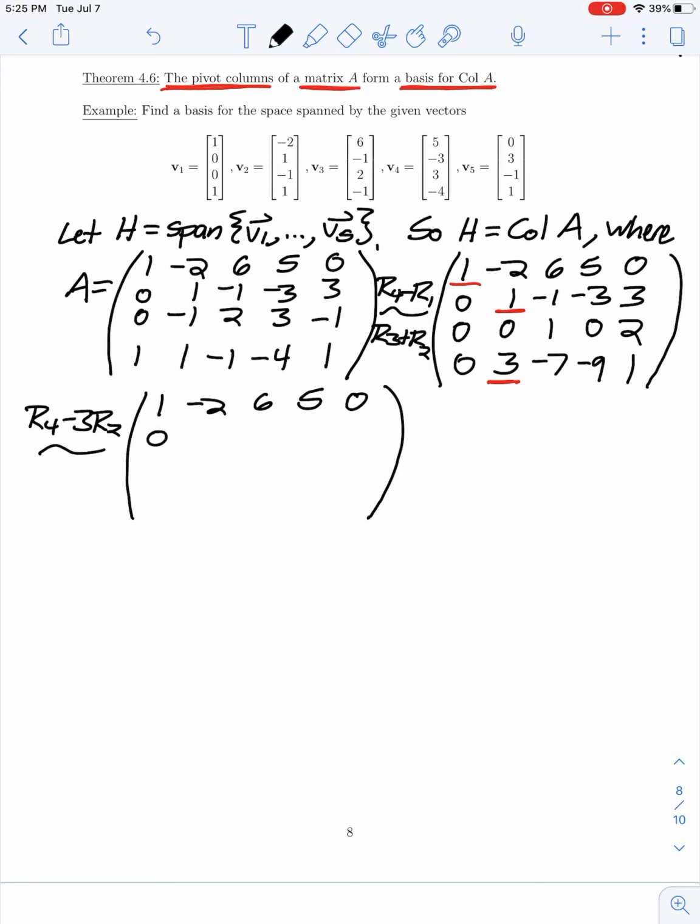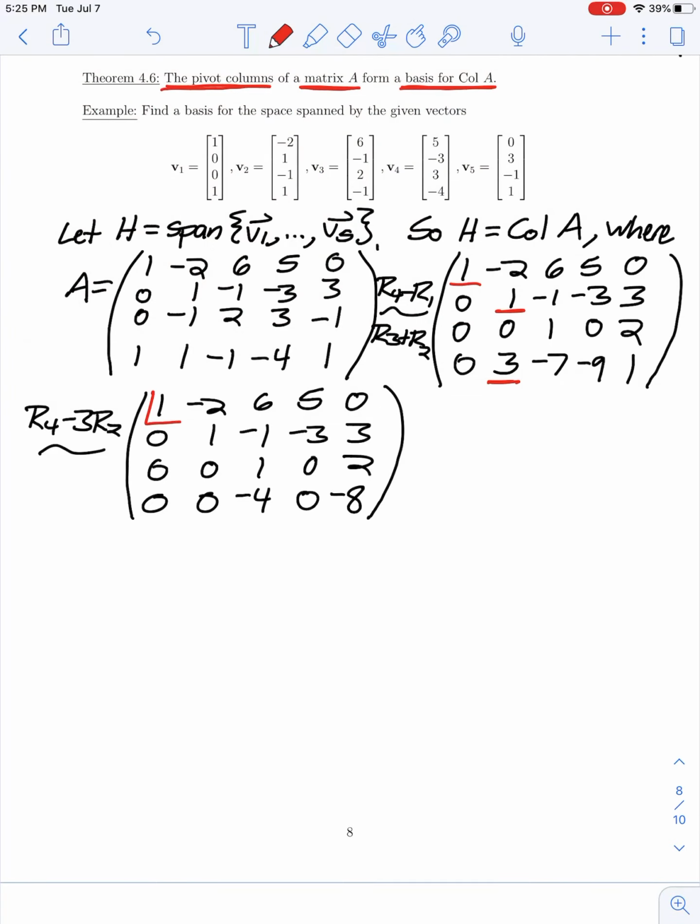I'll have a second row, 0, 1, -1, -3, 3. A third row of 0, 0, 1, 0, 2. And performing this operation, my fourth row becomes 0, 0. I've got 3 minus 7 is negative 4, then 9 minus 9 is 0, and negative 9 plus 1 would be negative 8.